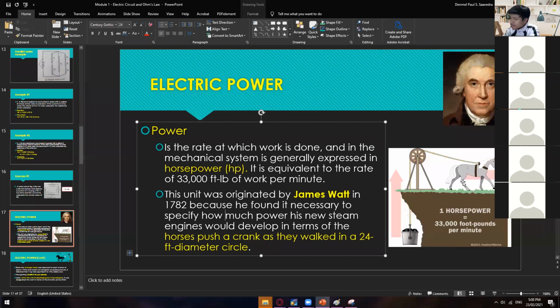So this is not just simply lifting a certain thing. This is inside a 24 feet diameter circle. It's not a straight line, but they are in a circle. They keep on pushing or pulling a crank, and then he was able to measure that 1 horsepower is 33,000 foot-pounds.